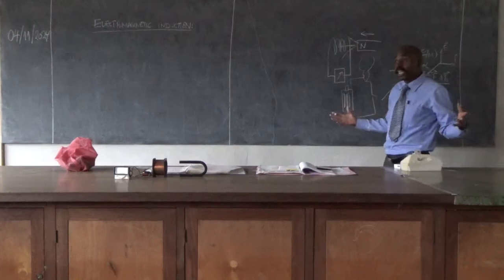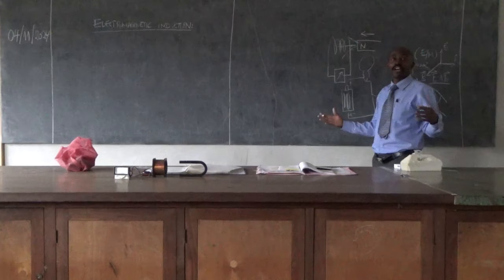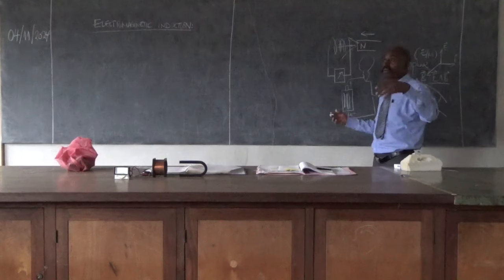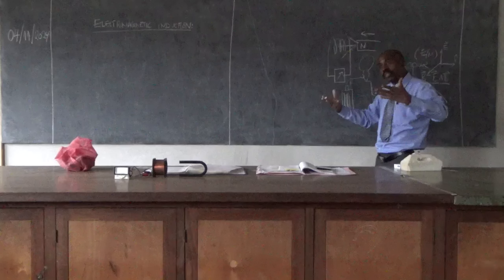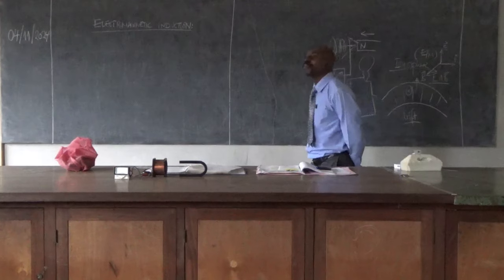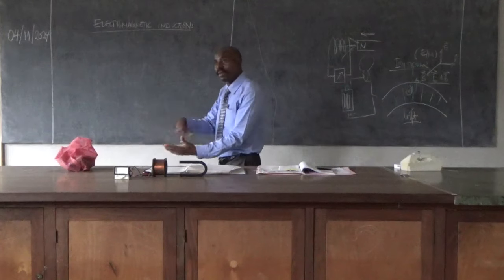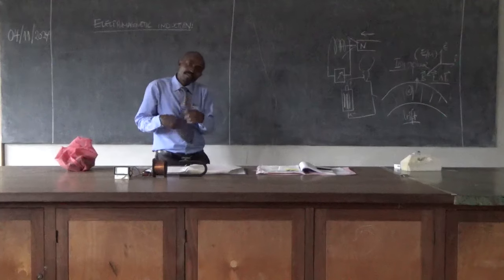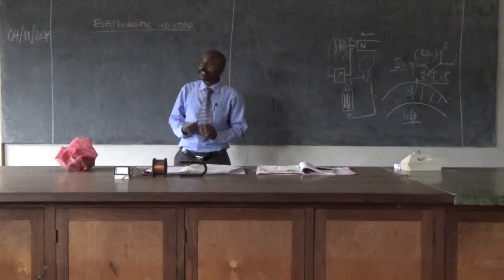Or anywhere in the turbine in Jinja, in Isimba, in Karuma, whichever place, where do those electrons come from? We are just having a conductor moving in a magnetic field, and then all of a sudden, electrons start moving. They come here, we use the electricity. Where are they coming from?